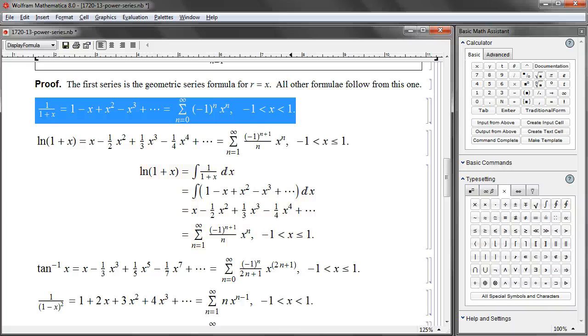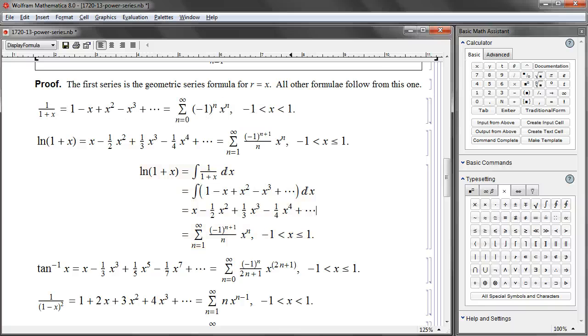Applying the antiderivative term by term, we have the third line: x minus 1/2 x squared plus 1/3 x cubed minus 1/4 x to the 4th power plus 1/5 x to the 5th power minus 1/6 x to the 6th power, plus, and so on and so forth. And then we have alternating signs, so we end up with this sigma expression in the end.